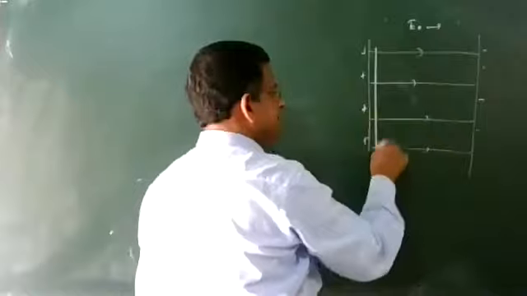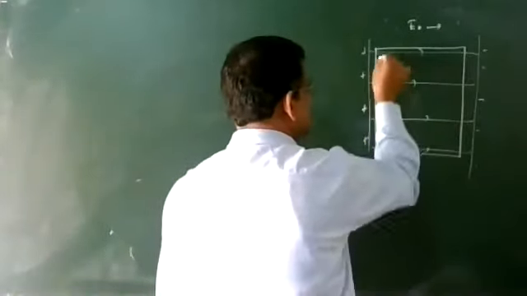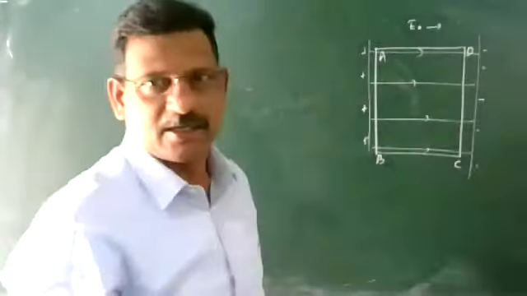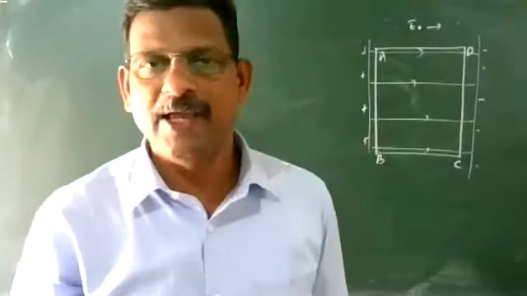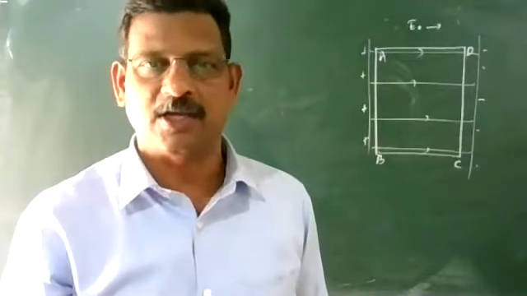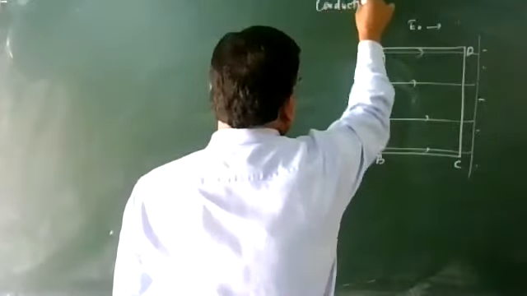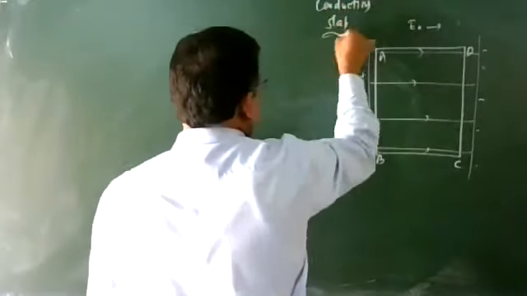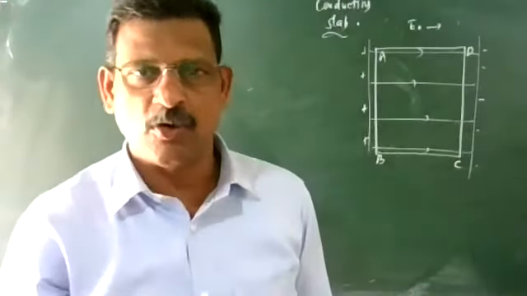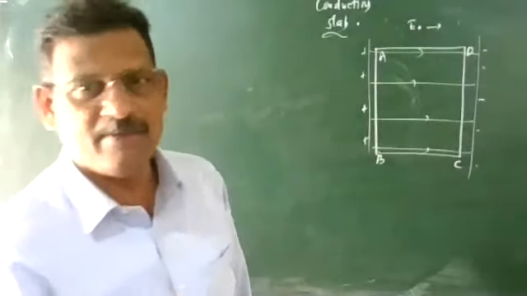ABCD is your conducting slab. Mark here A, B, C, and D. It's a conductor. As soon as you place the conductor in the external field, there are a large number of free electrons in the conductor. So all the free electrons will experience force and drift, and they will all come to the side AB.